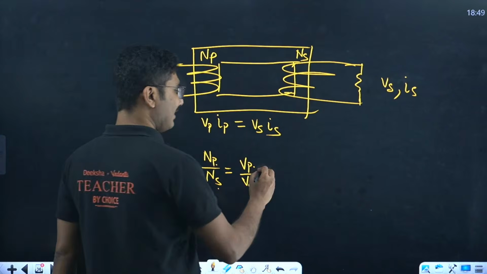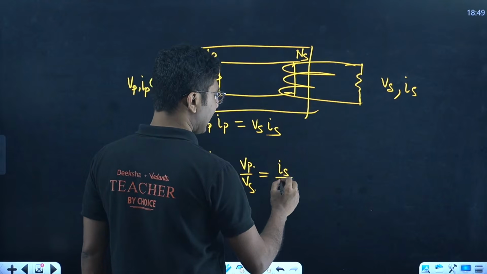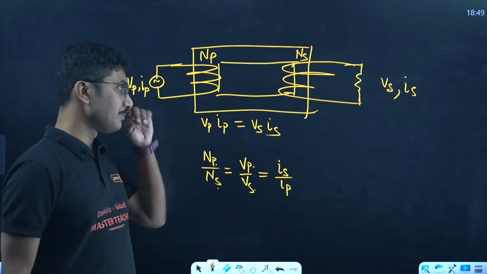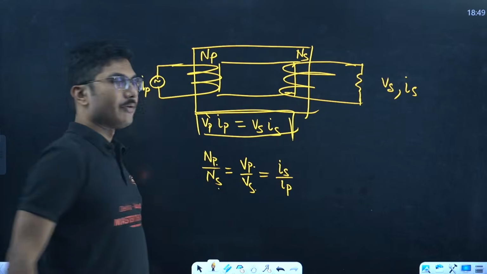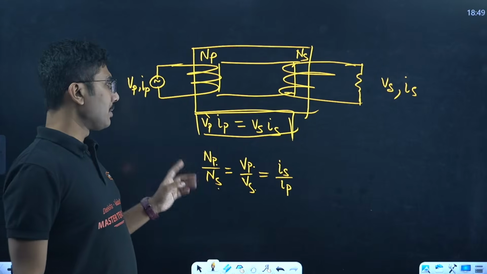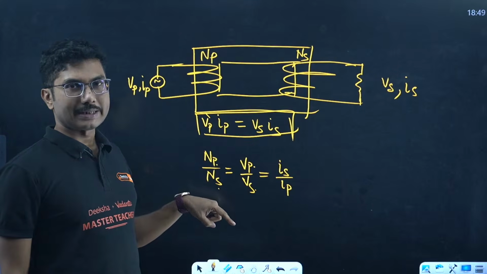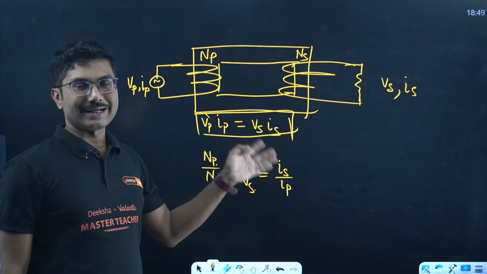But for current, the order is opposite: primary by secondary is equal to secondary by primary. This is because the power is the same. So remember that power remains the same. The ratio of primary by secondary is voltage primary by voltage secondary and current secondary by current primary.